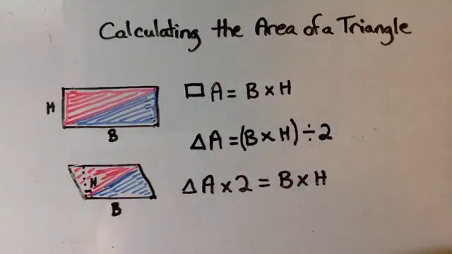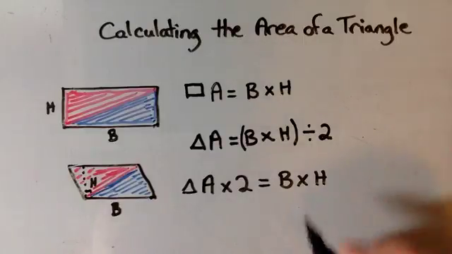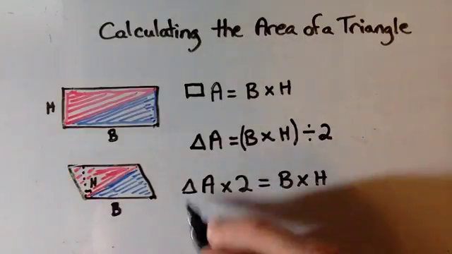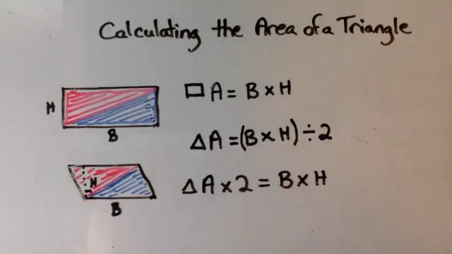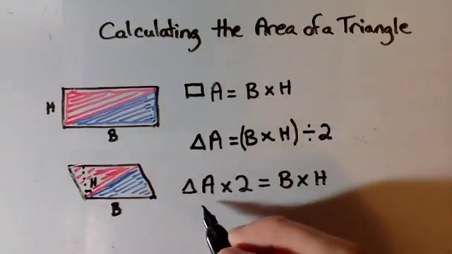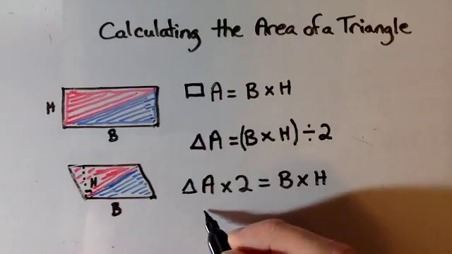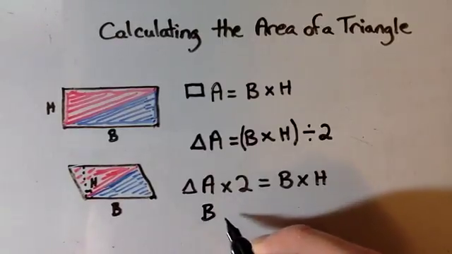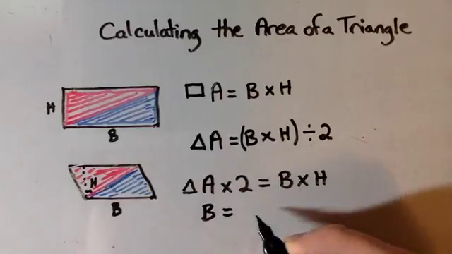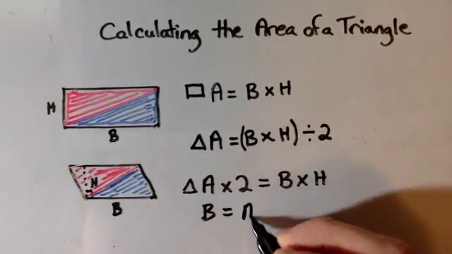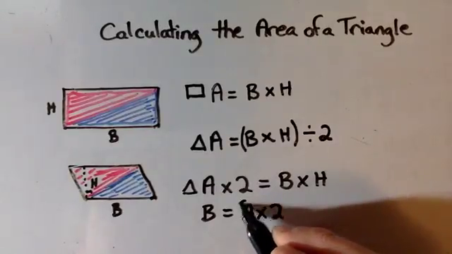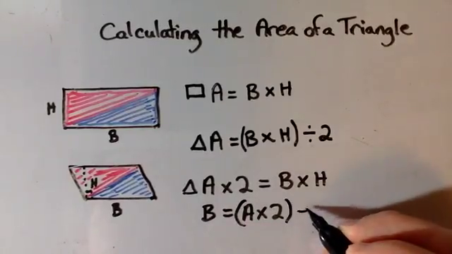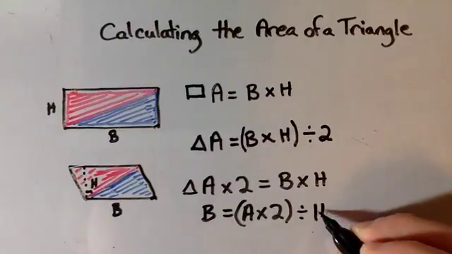So how's that information useful? Very simply, now I can divide this side by either the base or height to find whichever one I'm looking for. Basically, we can find the base by taking the area times 2 and then dividing all of that by the height.